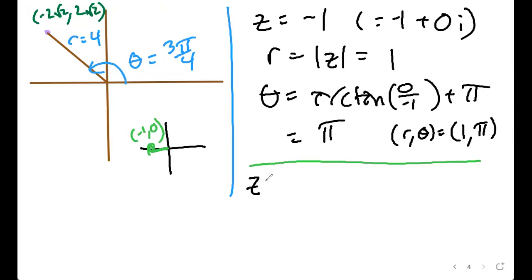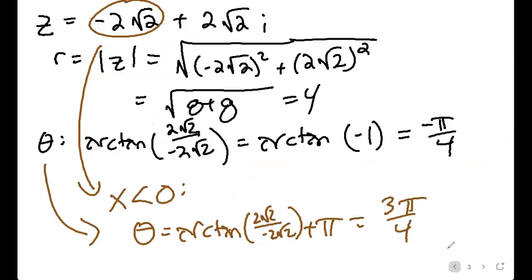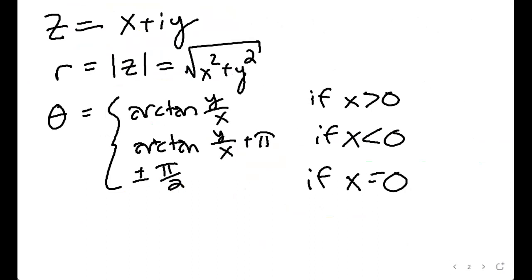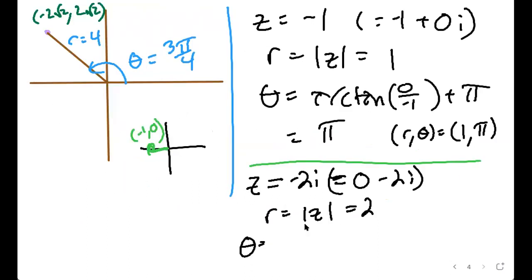And then one final example real quick. If something is pure imaginary, say z is equal to -2i, which would be 0 minus 2i, the modulus of this would be 2. Check that for yourself. Theta, in this case, x is equal to 0, so theta is either plus or minus pi over 2.